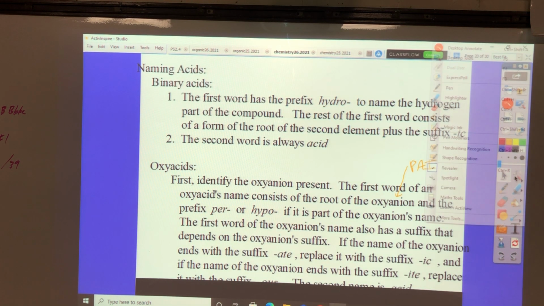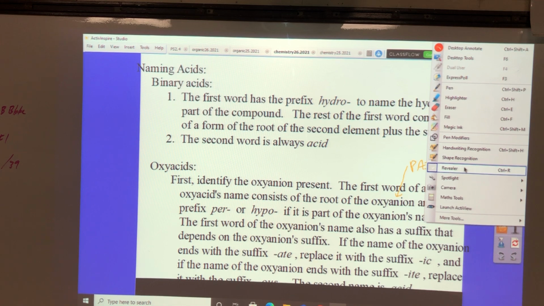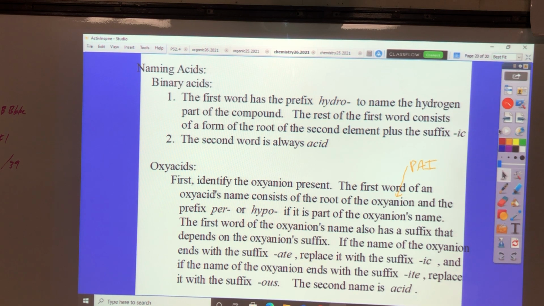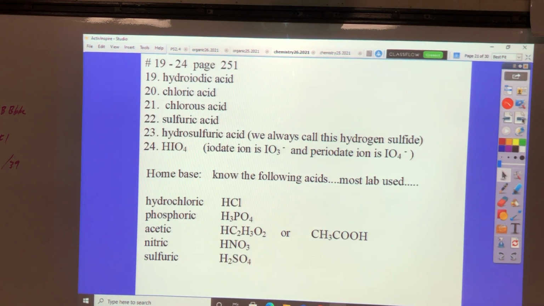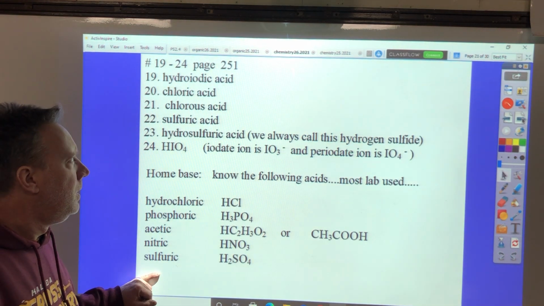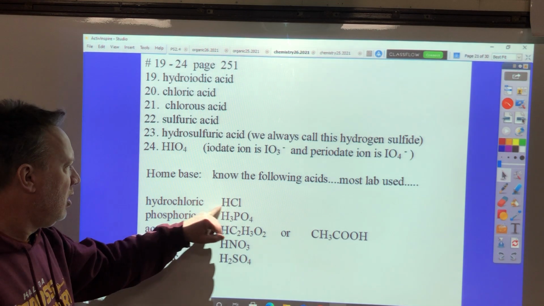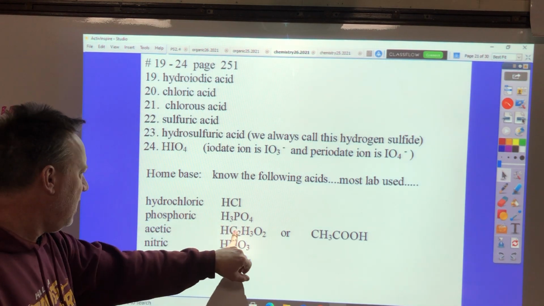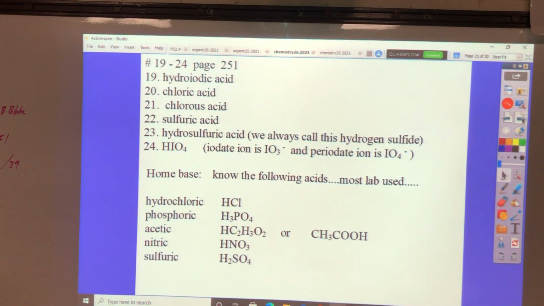Okay, so acids. Here's the good news on acids. The good news is you can pretty much get by with knowing these 5. Okay, you got hydrochloric, phosphoric, acetic, nitric, sulfuric.